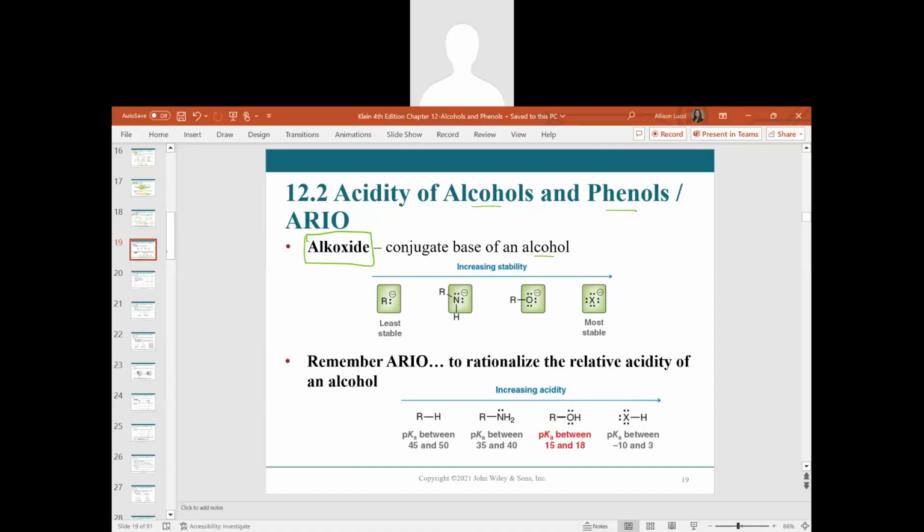So say we have a deprotonation occur on some compound, and it results in a negative charge on a carbon, so any alkyl group here. This will be the least stable conjugate base as compared to the more electronegative nitrogen obtaining a negative charge.